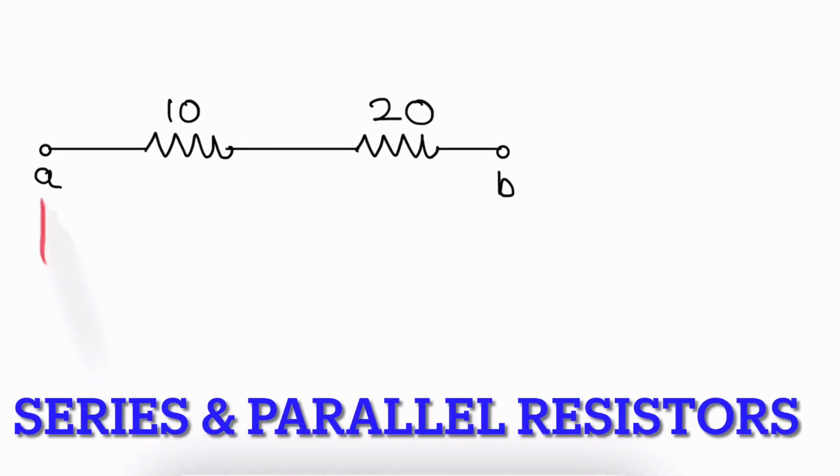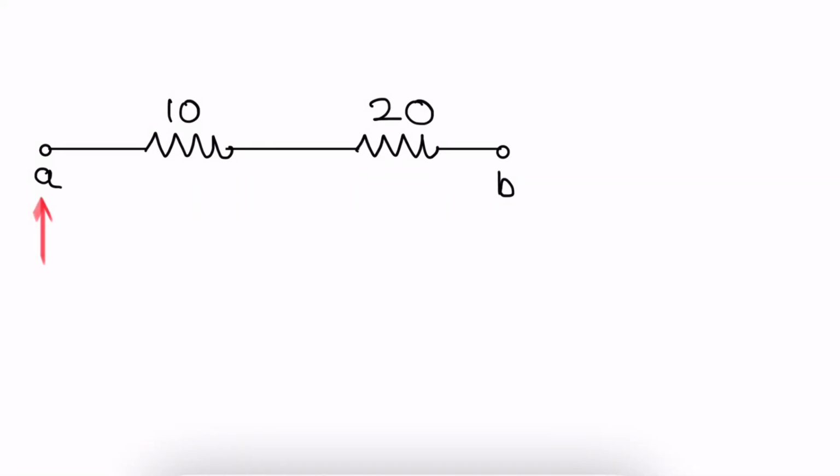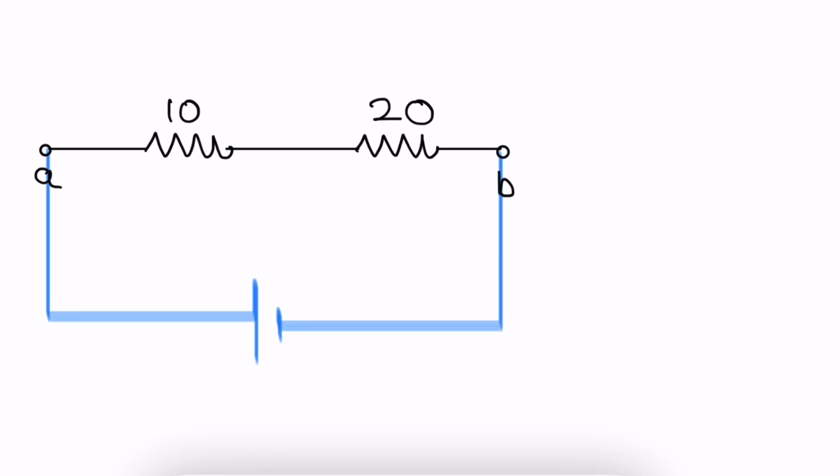The question is to find out the resistance value between point A and B. Simply we can say that this is a series circuit and we can end it, but let us do it fundamentally. I assume there is a battery connected between points A and B, and let me draw how the current will flow through this battery, positive and negative.